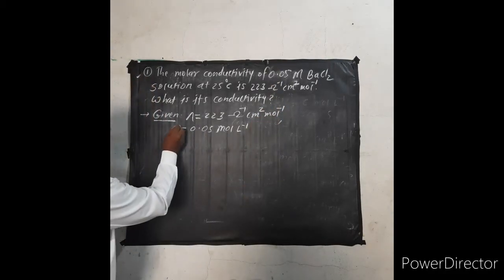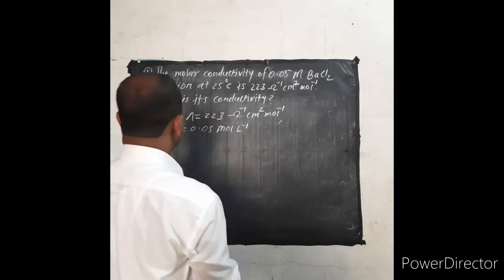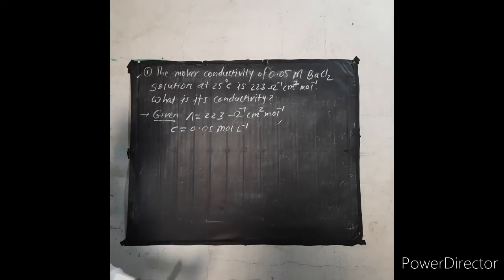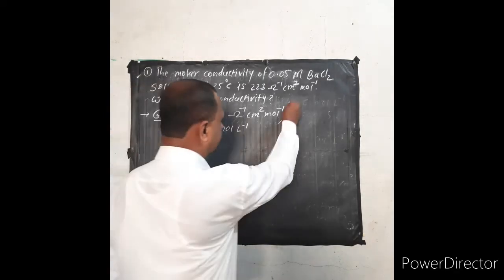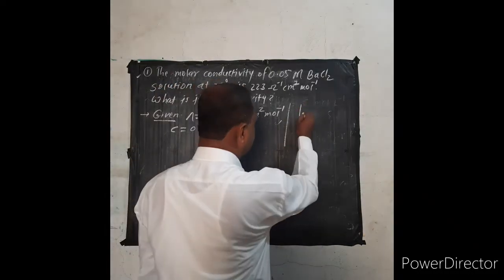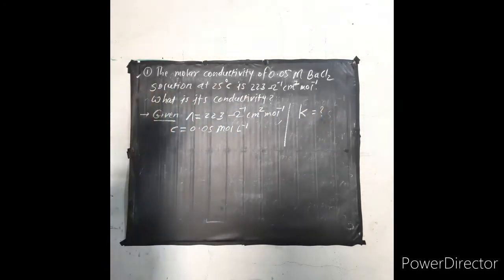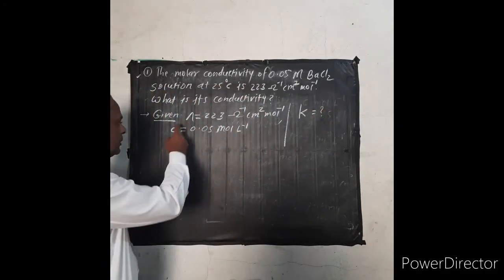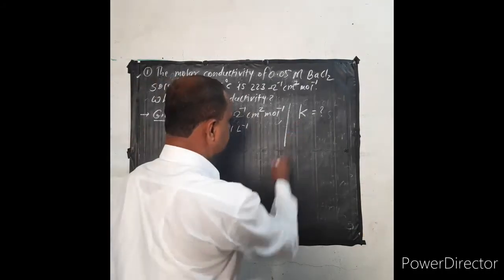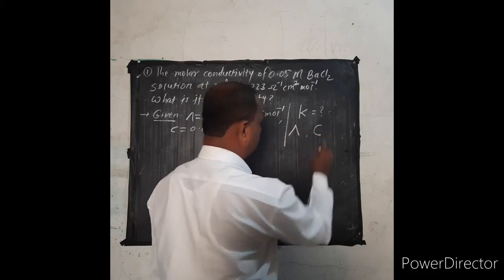We have to find the conductivity, whose symbol is K. So lambda, concentration C and K are the three symbols.